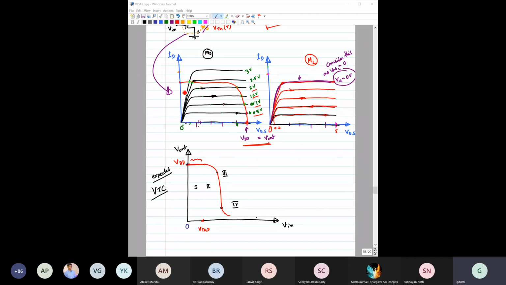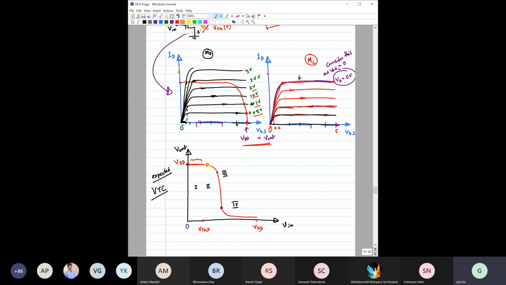If you consider one more line for another higher VG, still your output voltage is this much only, right? It is not going to 0. So the minimum output voltage again here cannot be equal to 0. I hope this part is clear to you.